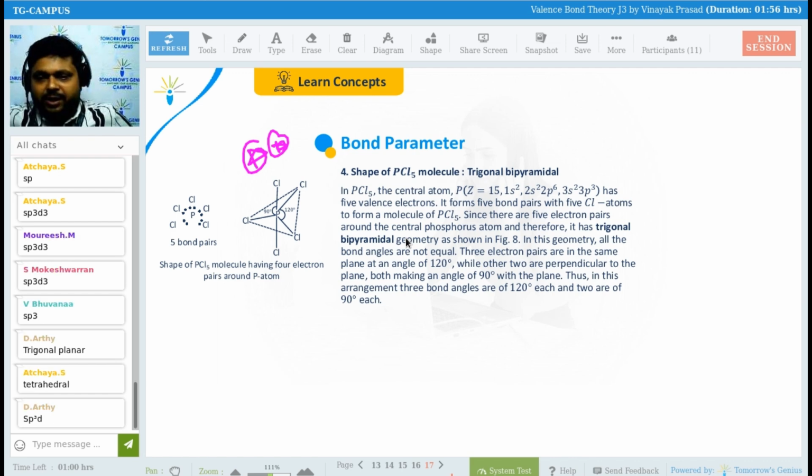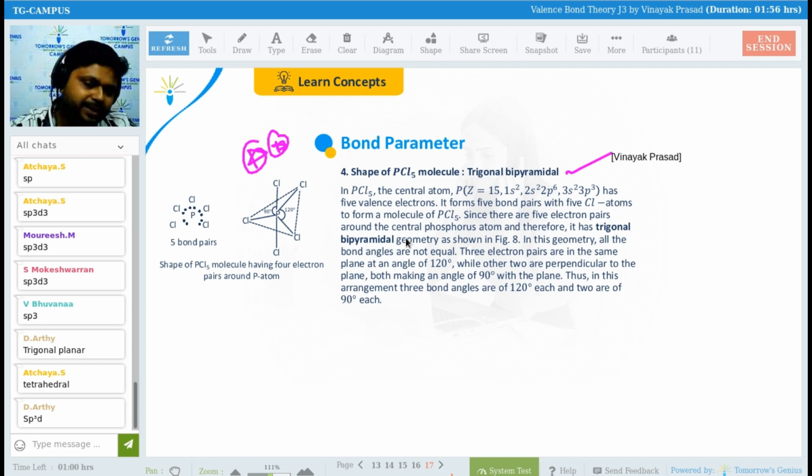What do you say? sp3d? sp3d, very good answer. It's trigonal bipyramidal, right? Trigonal bipyramidal is the right answer for this question.